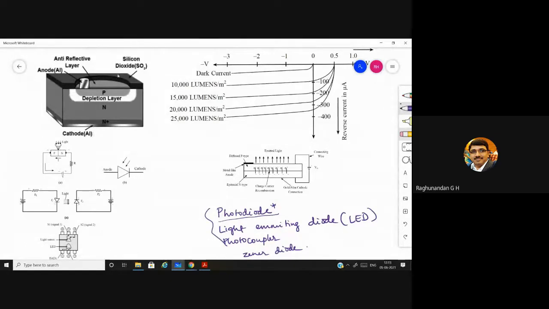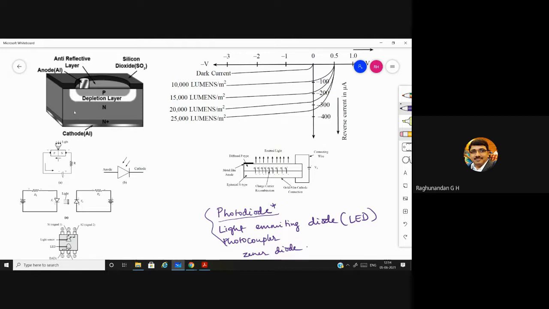The rest of the part is coated with silicon dioxide, which acts as an insulating layer. An insulating layer opposes the flow of charges, so the charges cannot penetrate through it. So leakage of charges will be avoided.